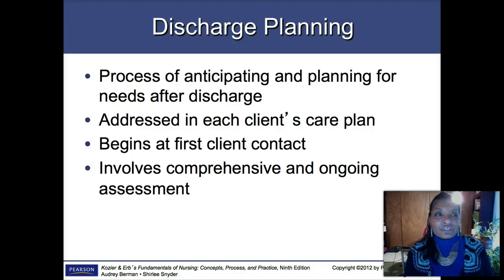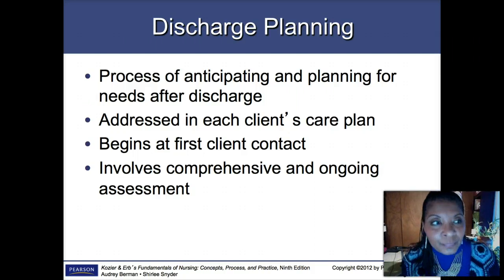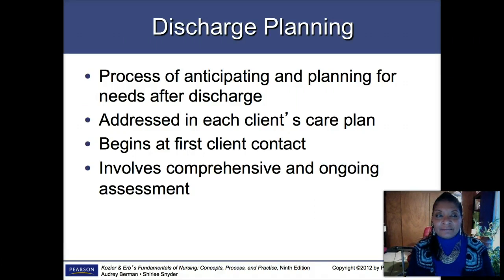So that's why it's good to know your patients and get a sense of what their situation is going to be so you can begin to plan ahead. And discharge begins on the day of admission.